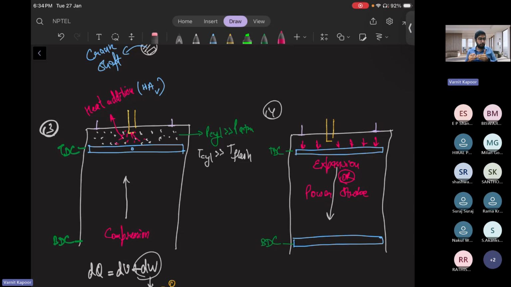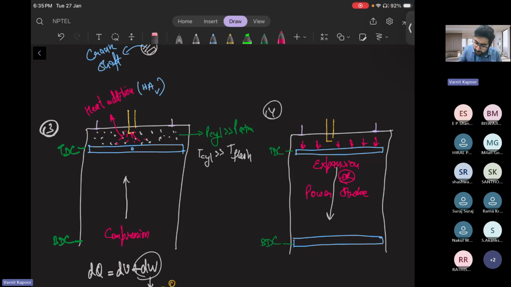What you have done basically is that heat is a low grade form of energy, and you have converted it into work. How? You have displaced a piston with some displacement, applying a force. So this heat, a low grade form of energy, is converted into a high grade form of energy, and you get that from the qualitative law of thermodynamics, that is the second law of thermodynamics. So low grade heat is converted into high grade energy, that is work.